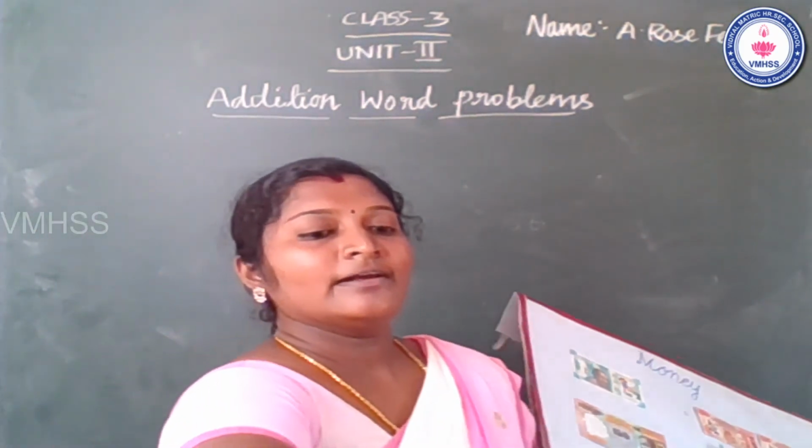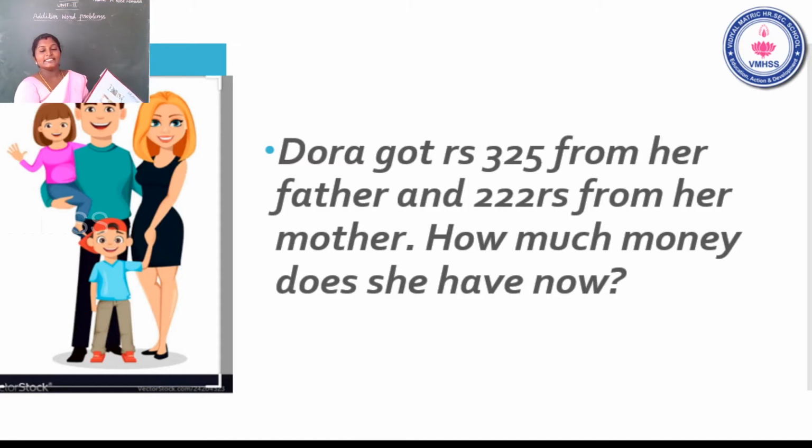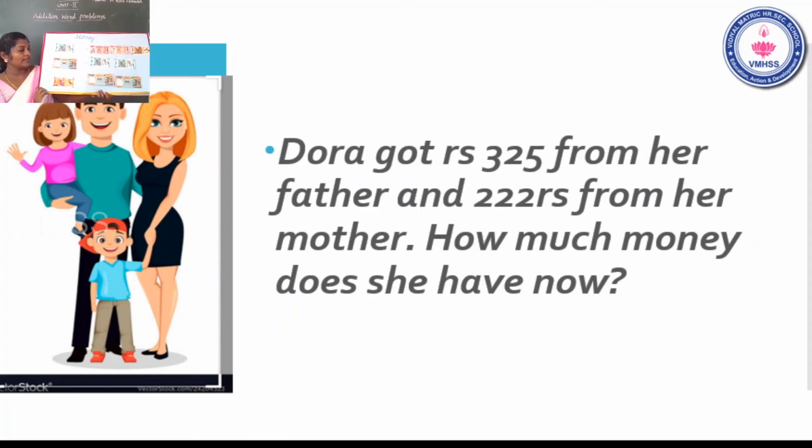Students, please see the slide. Dora got rupees 325 from her father. So 200 plus 100 is 300.